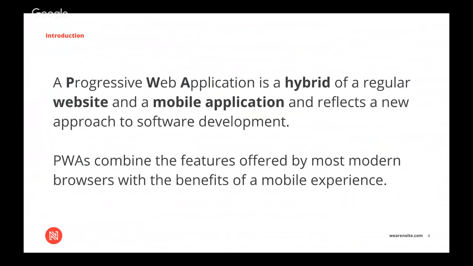So the PWAs are a new great concept for the web developers because we can use the knowledge that we already have about HTML, CSS, and JavaScript to create new applications that can be used on a mobile web browser, on a desktop web browser, and even it can be used as an application.